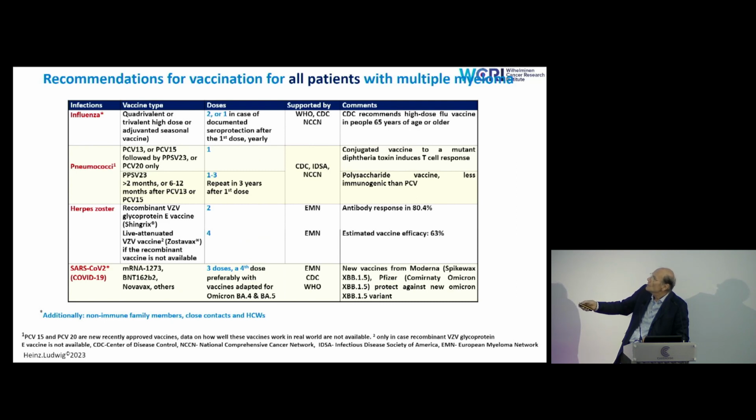Then you have pneumococci. You start with a conjugated vaccine, and then after 3 to 6 months, you follow with a polysaccharide vaccine, and you may use 1 or more doses. And here we have now the Shingrix for herpes zoster, 2 doses, and of course SARS-CoV-2.